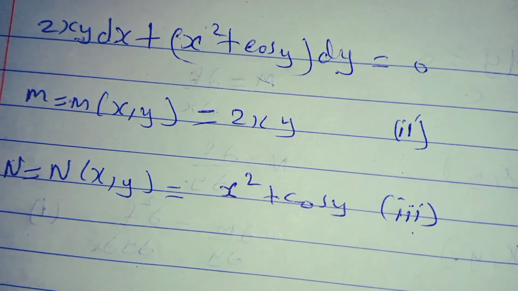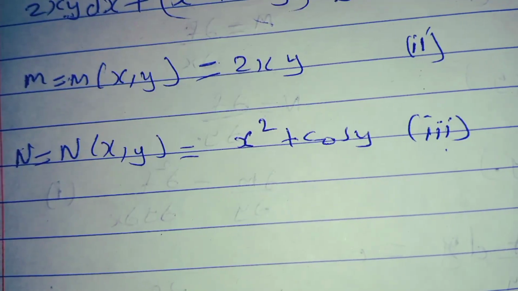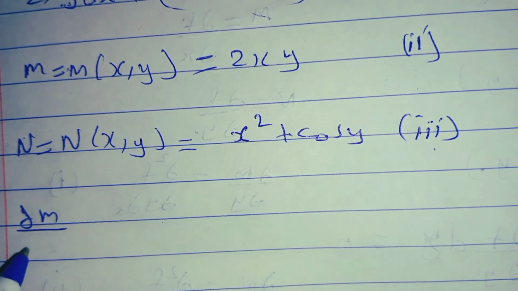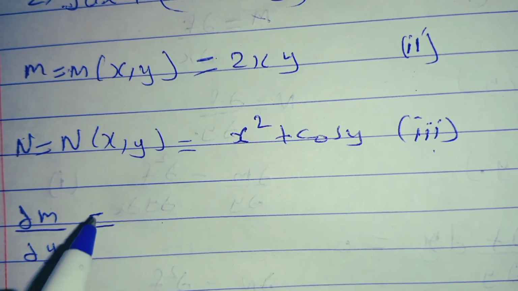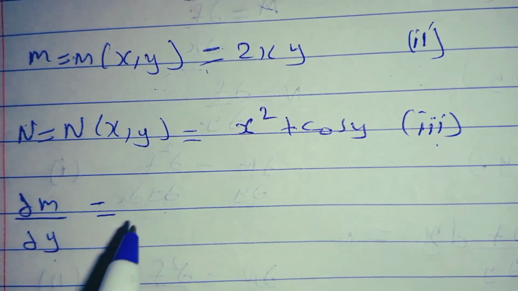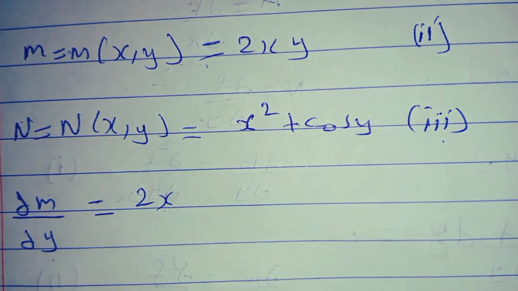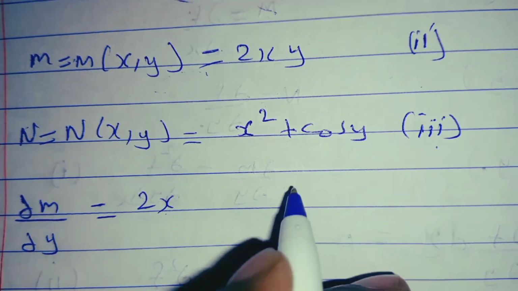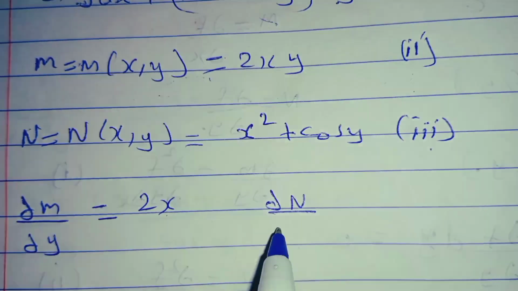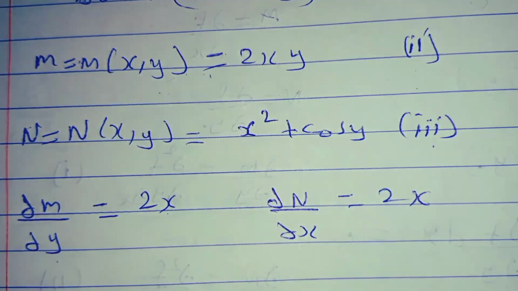Then the next thing you do is test whether this differential equation is exact by finding the partial derivative of M with respect to y. When you differentiate equation 2 with respect to y, the result will be 2x. You also get the partial derivative of equation 3 with respect to x, which will give you 2x.